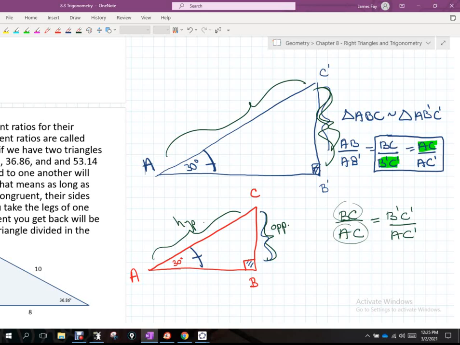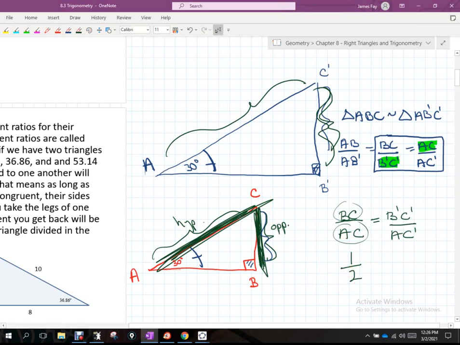But every one of those right triangles has a 30-degree angle in it. When each of you measures the opposite side, whatever your distance will be, and you divide it by the hypotenuse, whatever that distance might be, every single one of you is going to get 1/2 back.